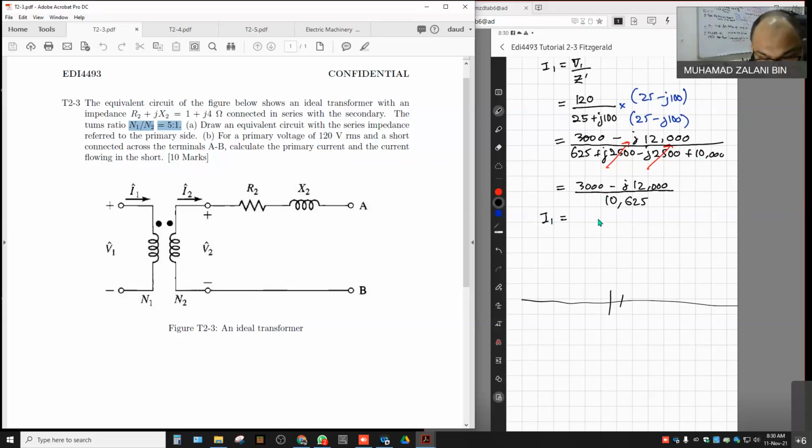Okay, so we want to get the magnitude. Finally, from this calculation, you get 0.28 minus J1.13 ampere prime S lah. Then we want to get its magnitude, magnitude of I.